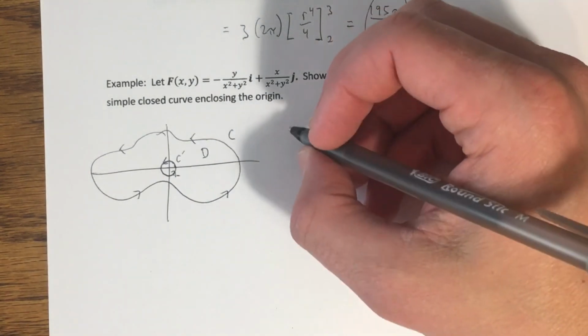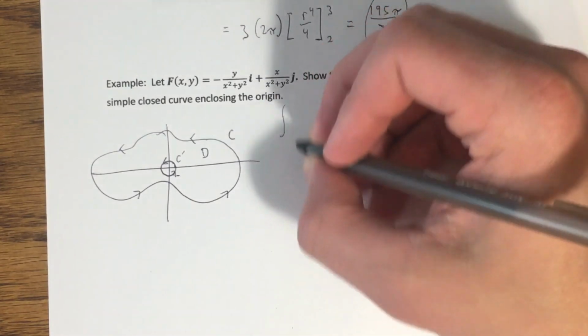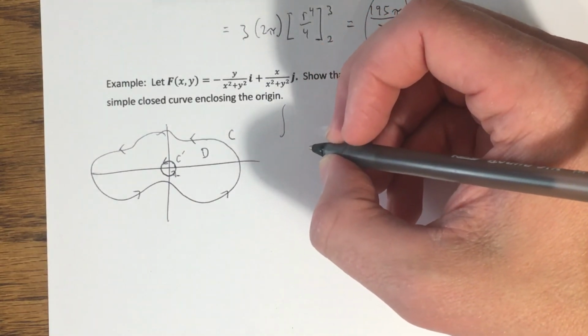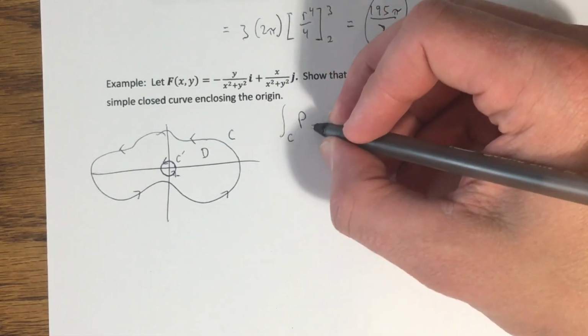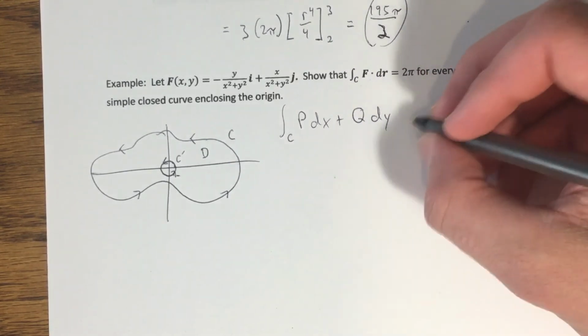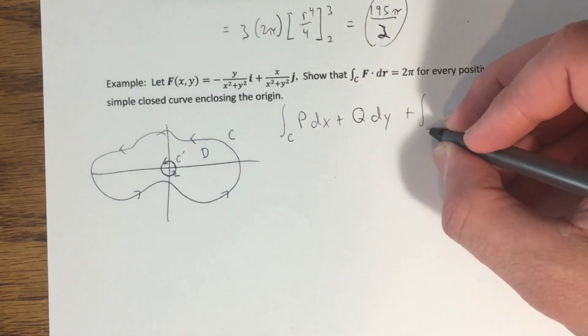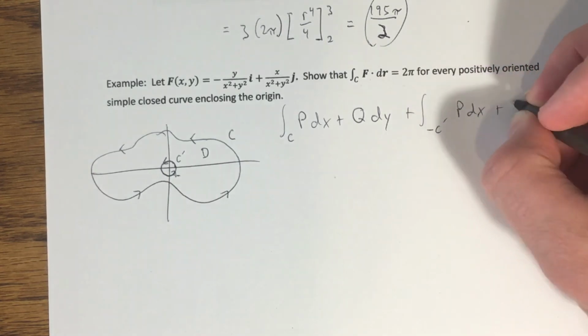If I wanted to find the line integral along that, what I'm looking at is the line integral along C of P dx plus Q dy plus the line integral along negative C prime of P dx plus Q dy.